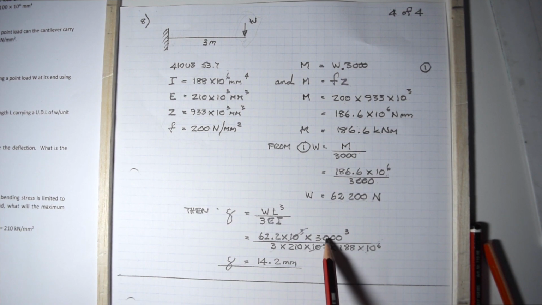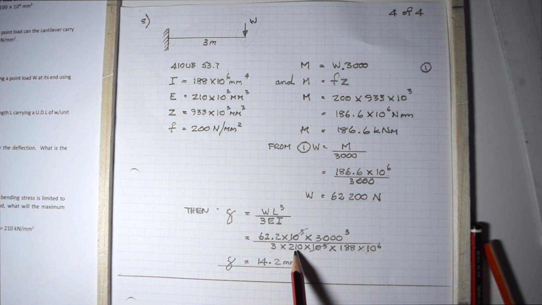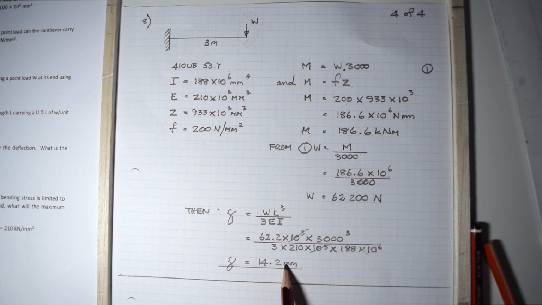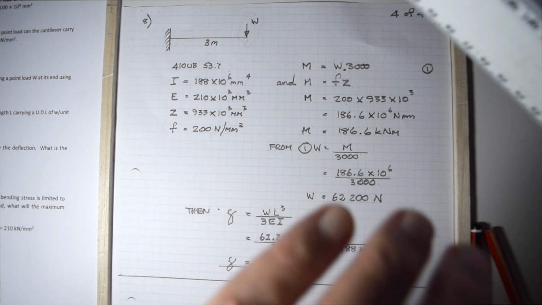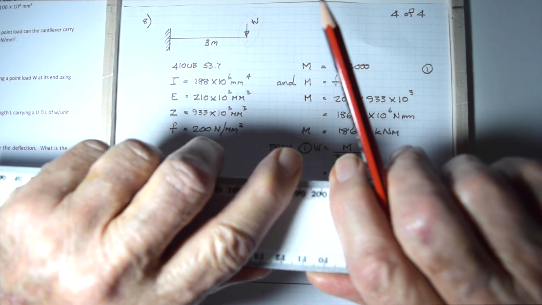Span is 3000 millimeters cubed. 3 is a constant, E and I. When you solve all that, you'll find that the deflection with that load of 62.2 kilonewtons is 14.2 millimeters, which isn't a lot, because if you look at 14.2 millimeters, it's only something like that.